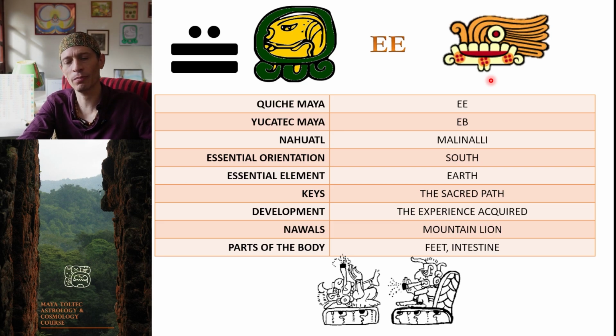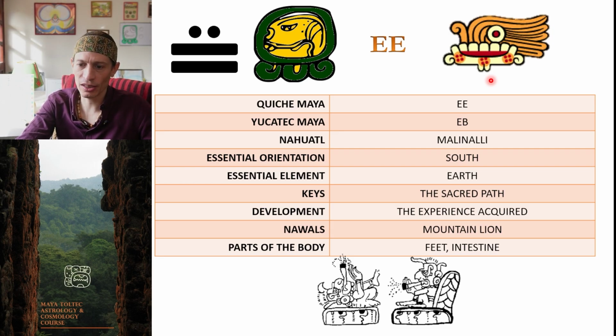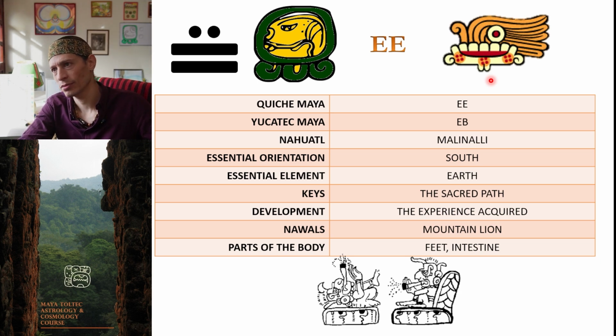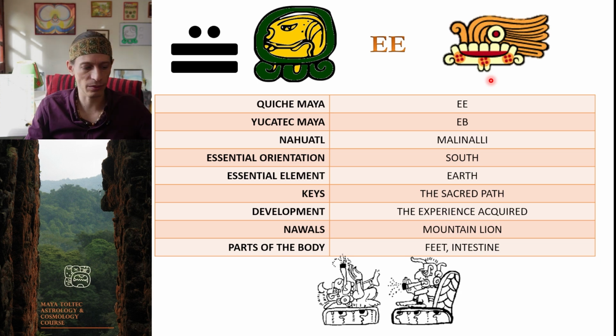So they can become very good advisors, very good medicine men and women, because they've done that, they've made that mistake, they've suffered that disease, they've had that experience, and there's no better way to get advice about something than from someone that has done it and has overcome it. So that's, in the broad sense, what you can tell about the people of this sign.